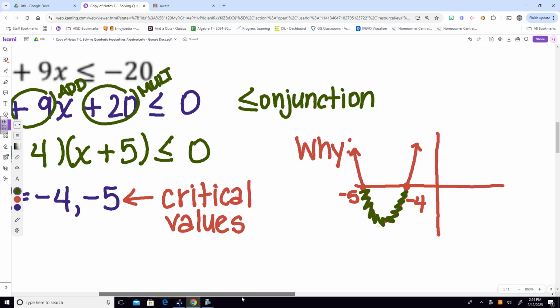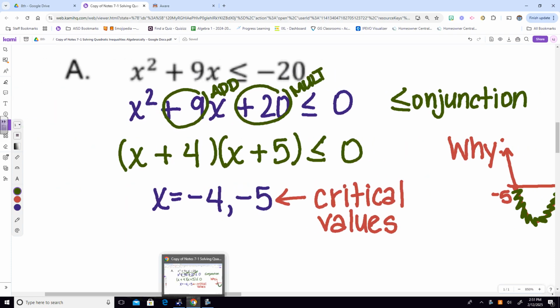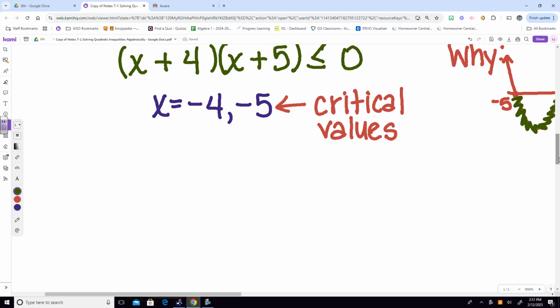Now, going back to the critical values, we can write our answer as an inequality, a compound inequality. You go from least to greatest. What's the lowest critical value? -5. And the highest? And you put x in the middle. These are always less thans. They will take an equal if the original symbol had an equal.